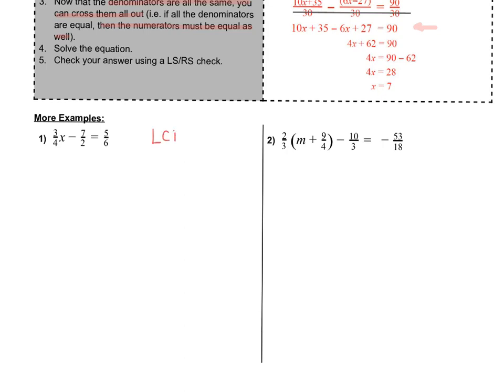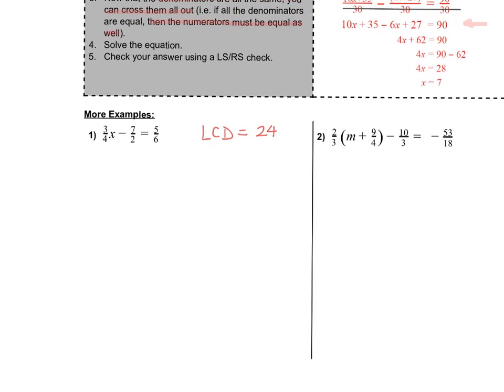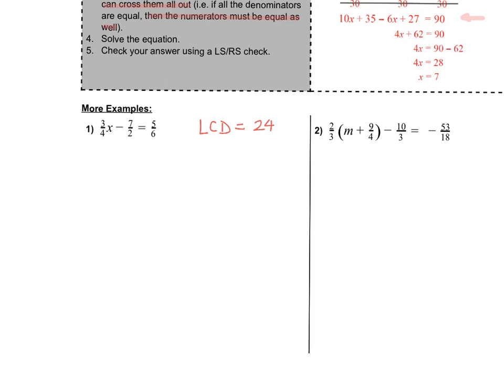LCD will be 24. So now here we need to multiply the denominators and the numerators by something so that all the denominators turn into 24. So let's look at the first set. What can we multiply this by? This gets multiplied by 6. This gets multiplied by 12.